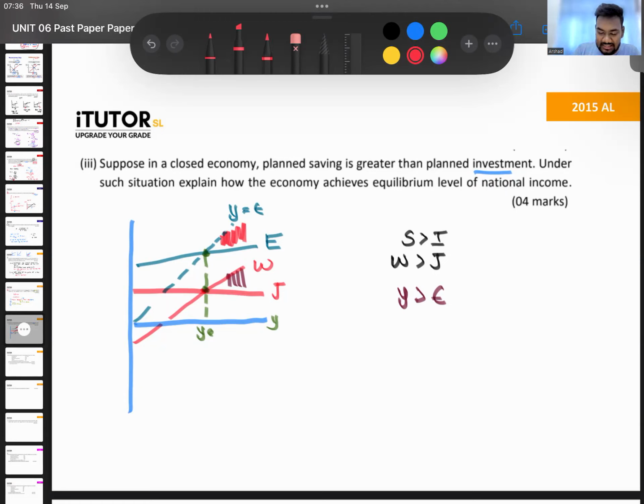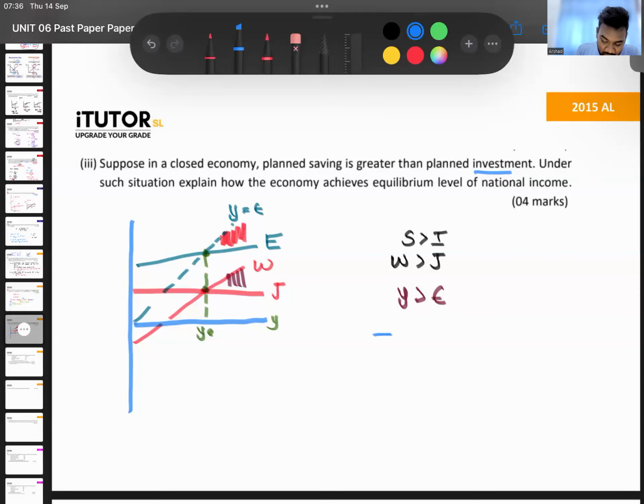So in such a situation, what would happen, guys? How can you reach equilibrium? What should happen to the output of the economy when S is greater than I? In other words, when Y is greater than E, what should happen? How will the economy achieve the equilibrium level?